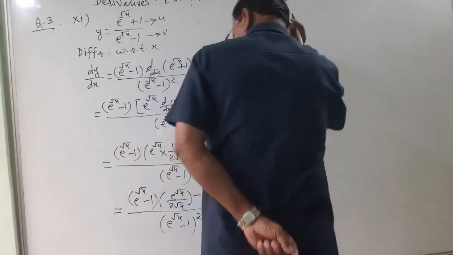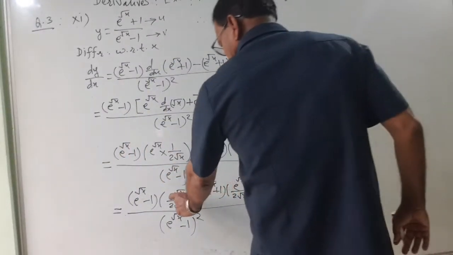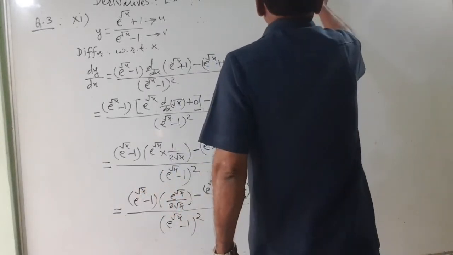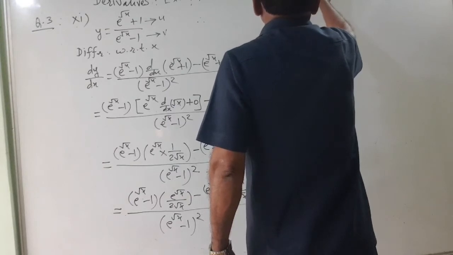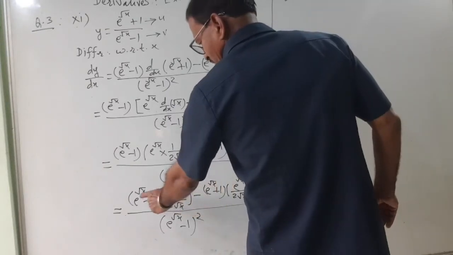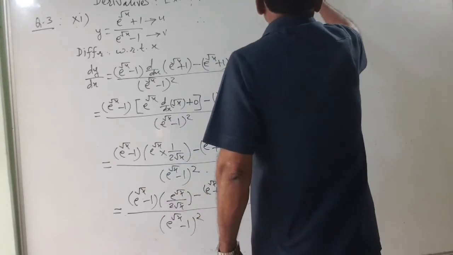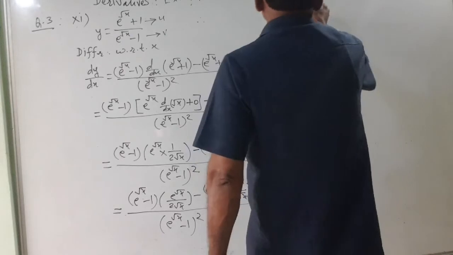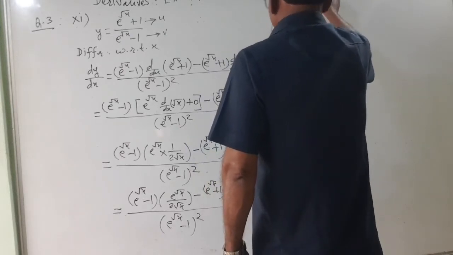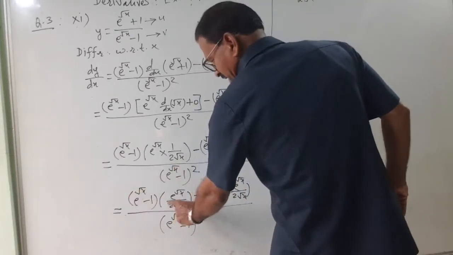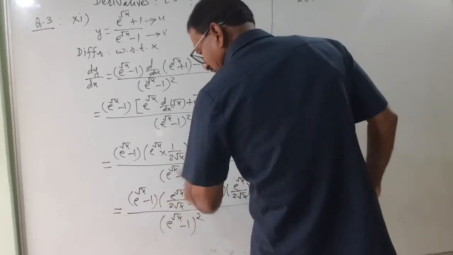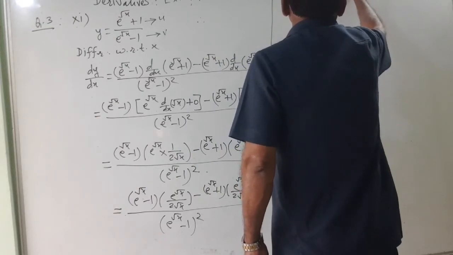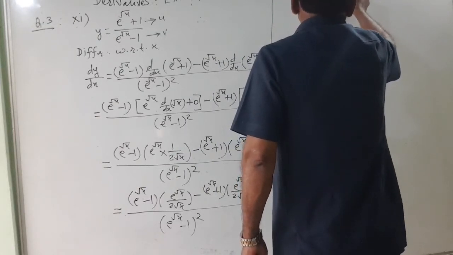That is equal. Now I will multiply this and this. e^√x into e^√x, e^√x whole square, and for this there is upon 2 root x. This multiplication is over. Now by this minus 1, so minus 1 remains the same, e^√x upon 2 root x.